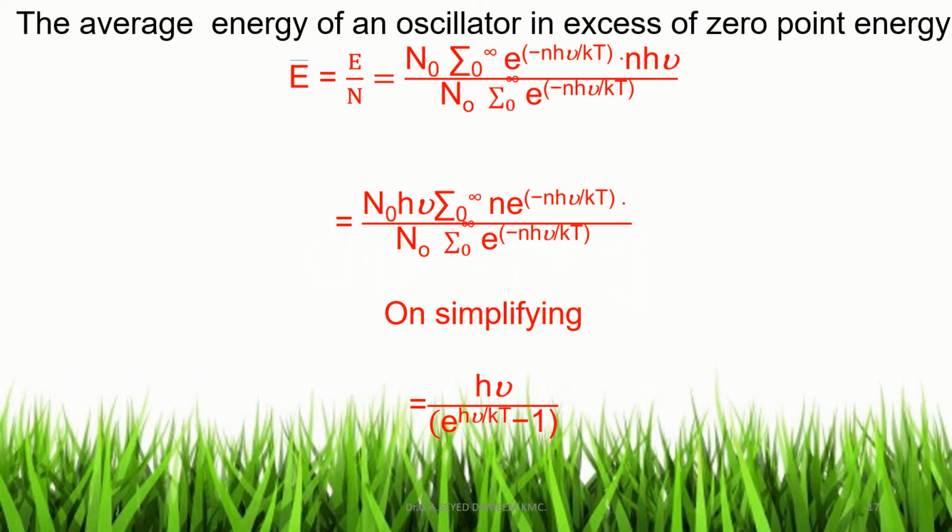So on simplifying these equations, we get the average energy of an oscillator, given by E bar is equal to h nu divided by e power h nu by kT minus 1. That is the energy of a simple one-dimensional harmonic oscillator according to Einstein.